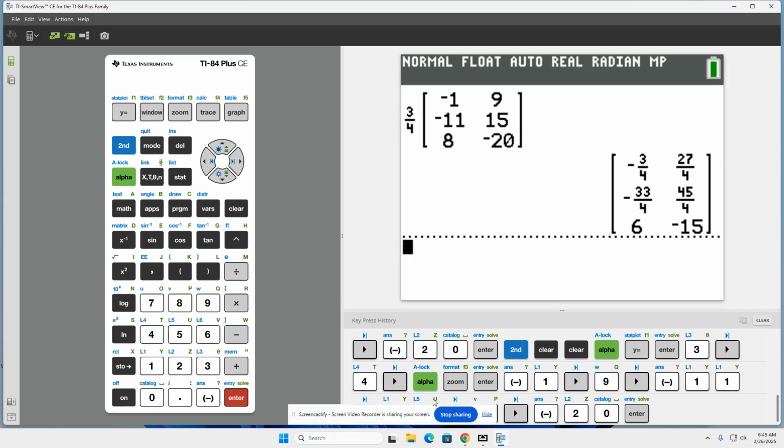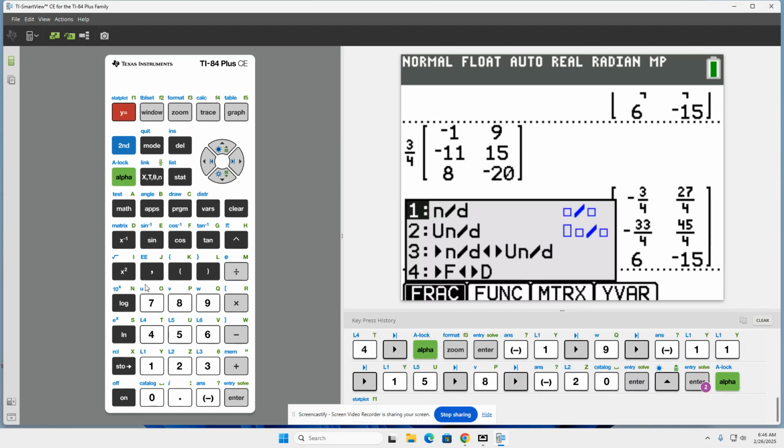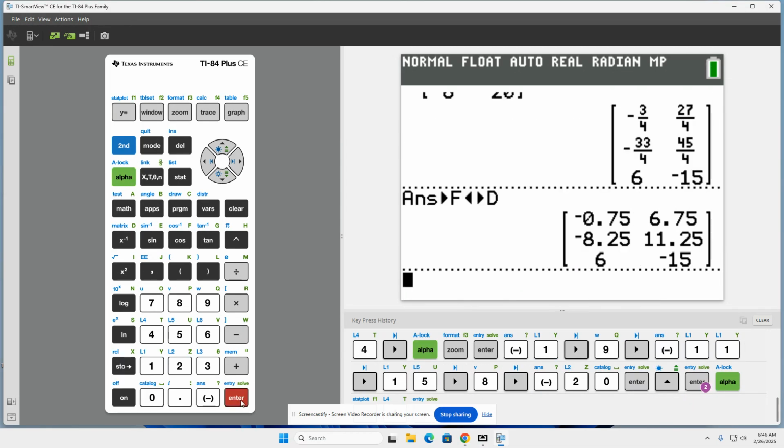Now let's say you hate seeing the answers like this. You can also take this matrix, go up there, and like I did, scroll up, pick it. Actually, you don't even need doing that. Hang on, it's going to take the answer, and I'm going to do alpha y equals, and I'm going to change this to decimals.